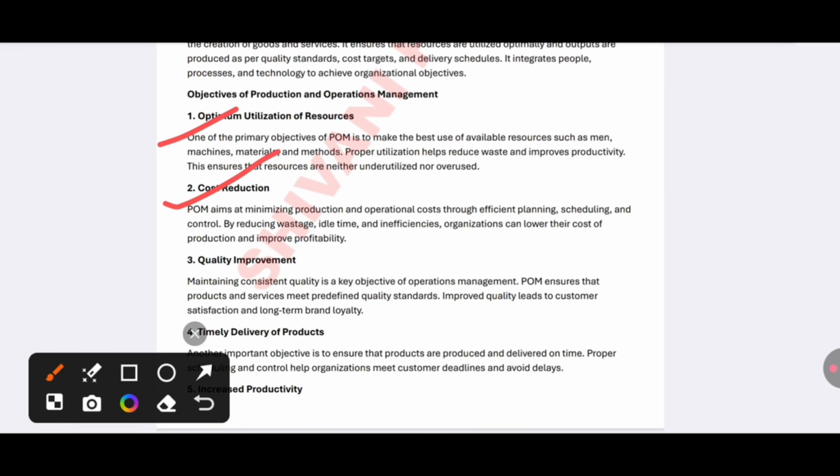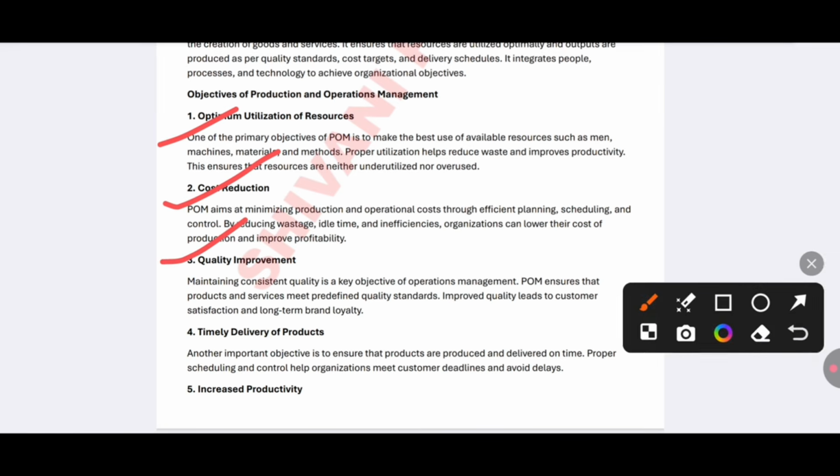That means minimizing your expenses. Reducing expenses will help to reduce your wastage and idle time. The organization can finish all their work with a low cost of production and improve profitability. Next one, quality improvement.